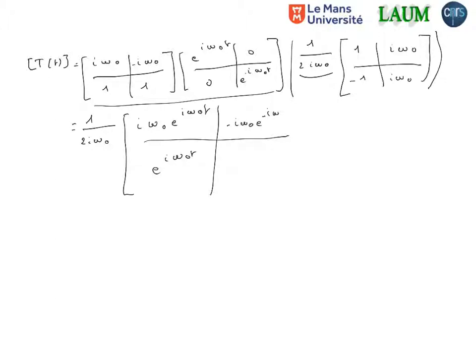So here you see that I multiply the second column by e to the minus i omega 0 t.